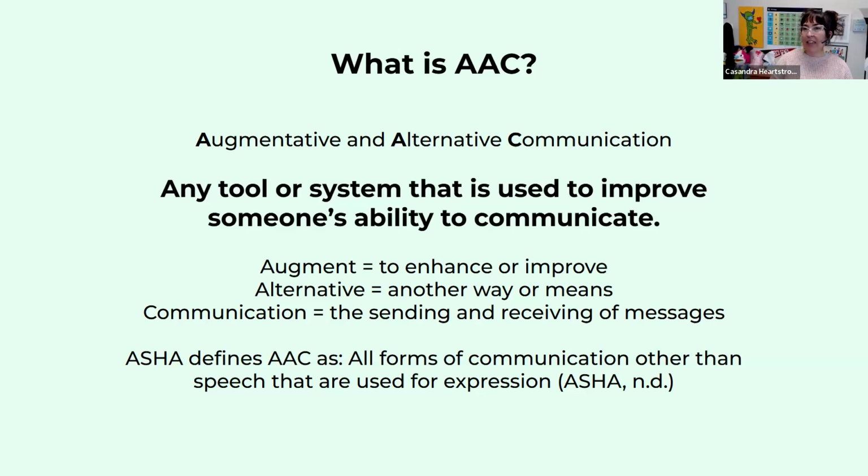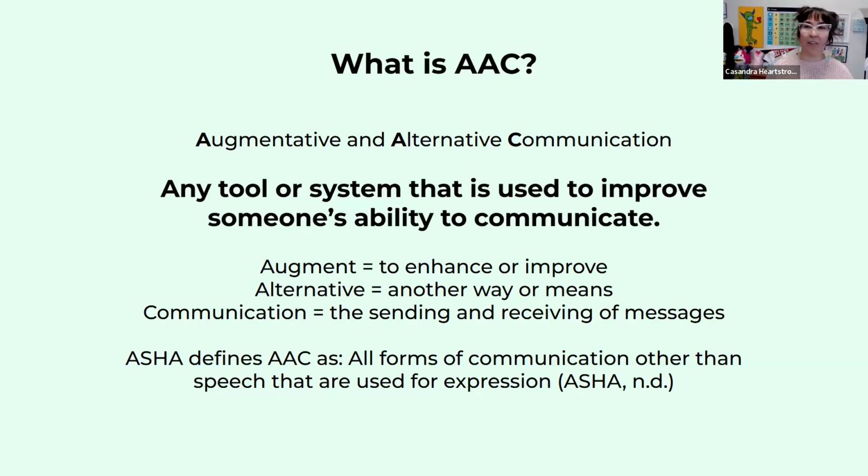Augment in this case is to improve or enhance communication, whereas alternative is having an entirely other way to communicate. So thinking of augment might be for an individual who has a lot of mouth words, but they're really hard to understand. AAC can augment their mouth words.